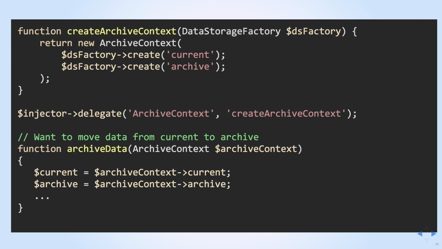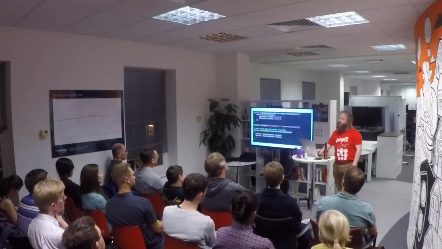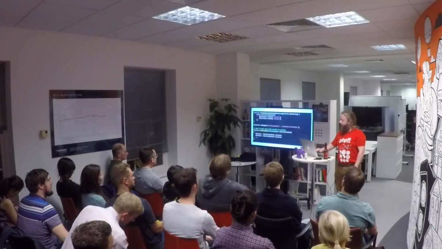We now change the code to pass in this archive context, and we tell Auron how to create these contexts. So all the wiring's done by Auron, and that archive context can be reused across your application.